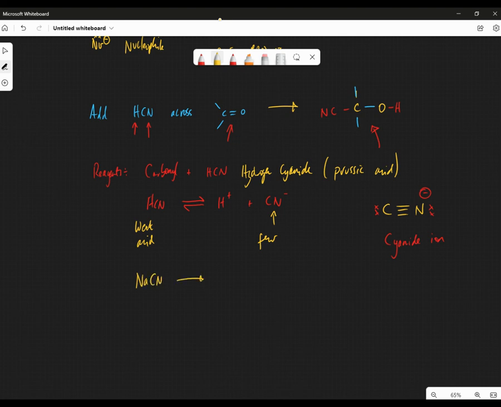Sodium cyanide is an ionic salt, and that will totally ionize, providing my CN minus ions, purely because HCN is too weak to provide many of them. So we add a little bit of this, and it acts like a catalyst, because it provides CN minus ions for the start of the reaction.